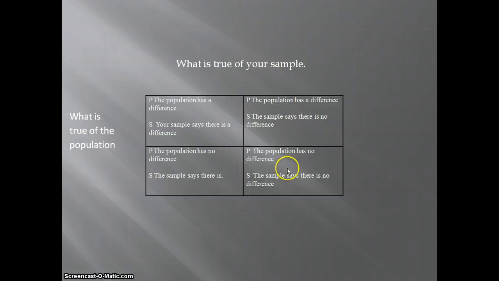It doesn't change the number of books that the students read that much. And in fact, if we really could do the whole population, we would find that no, it doesn't make a difference. Being in a book club for all 5th graders doesn't make any difference. What you've said with your sample is what is true of the population. These are fine. It's when we get in this situation here and here.